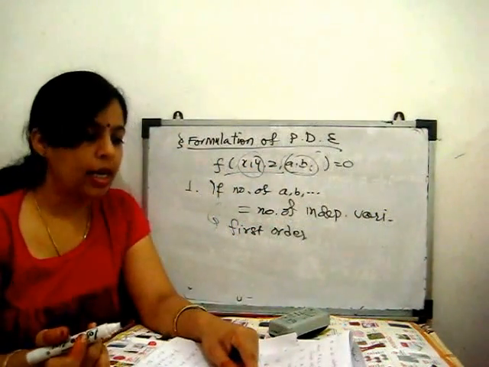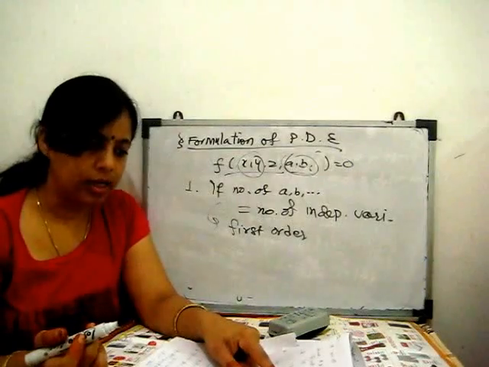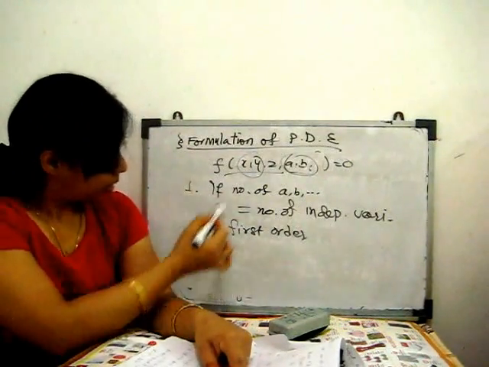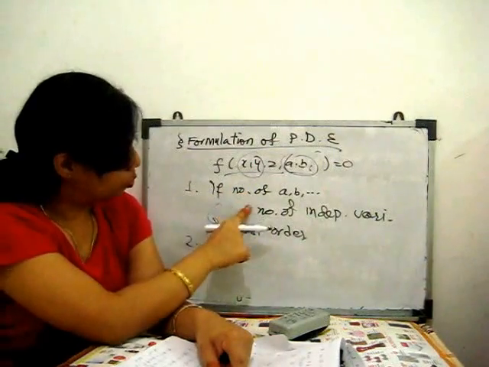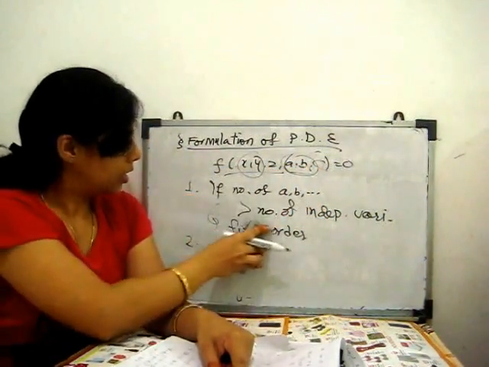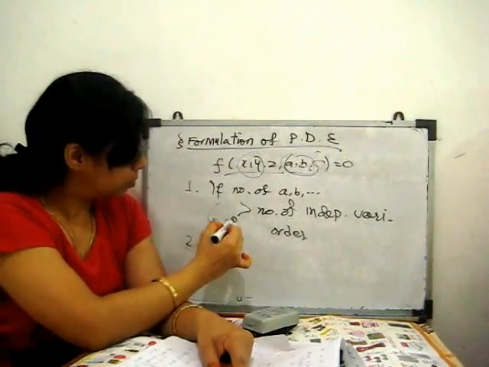We remove these constants. Second, if the number of arbitrary constants is more than the number of independent variables, like a, b, c, then it is second order.